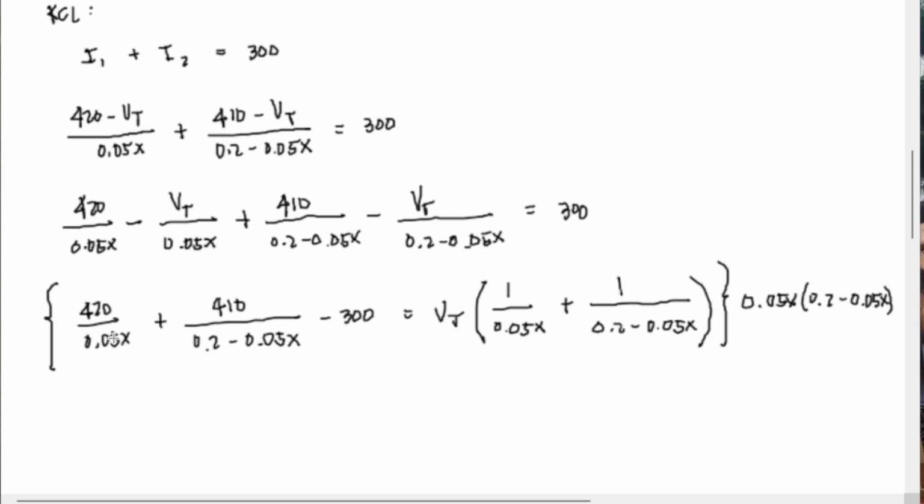So we get ito, parang na cross multiply lang ito, di ba? So 420 times 0.2 minus 0.05x. Tapos dito naman plus 410 times 0.05x. Then minus 300 times 0.05x, times 0.2 minus 0.05x.